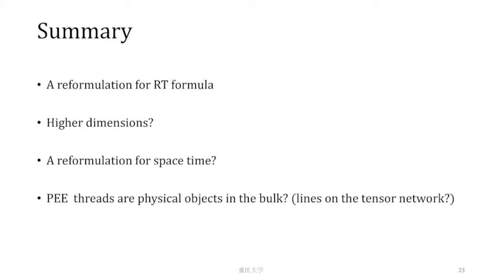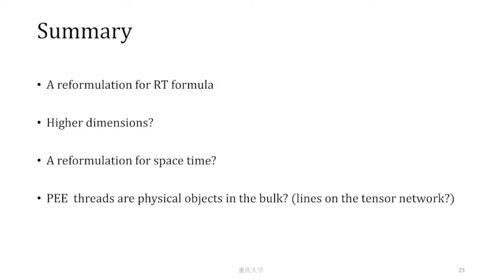But actually, they all have their own flaws. Even in our case, with the PE threads, so far we depend on the background metric of space-time in advance, and we hope to go further beyond that. For example, whether we can read off the metric based on the PE thread picture without knowing the background metric in advance.